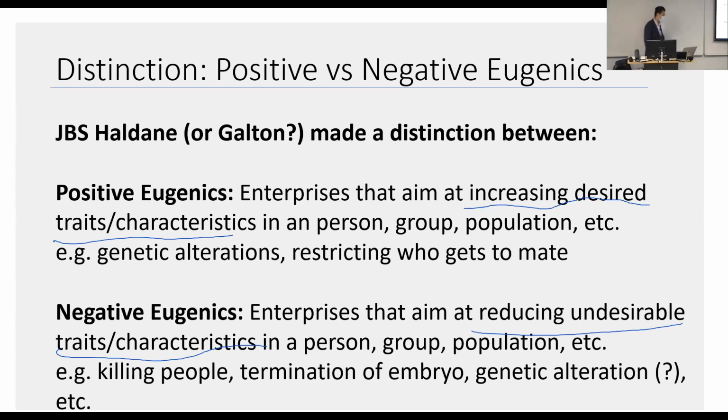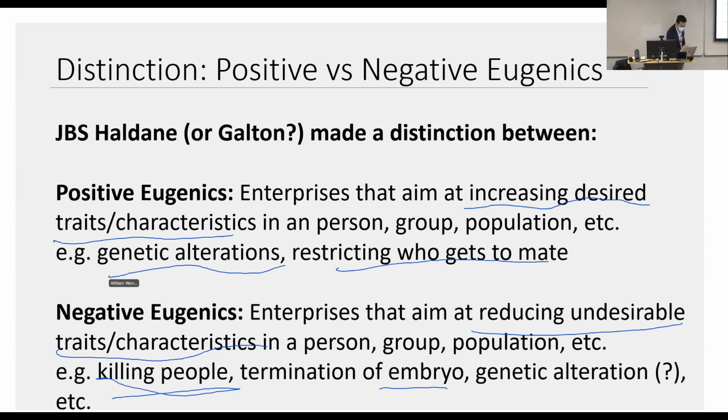We've encountered both of these different forms of eugenics in our lecture so far. One example of negative eugenics is killing people, right? Termination of embryos. But positive eugenics is really restricting who gets to mate with whom. Most genetic alterations are going to be positive.